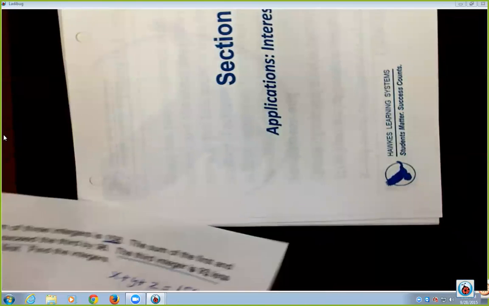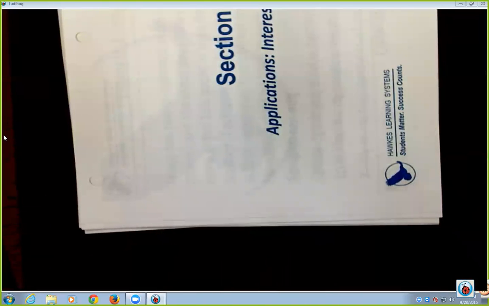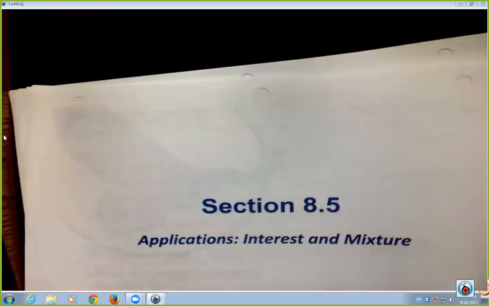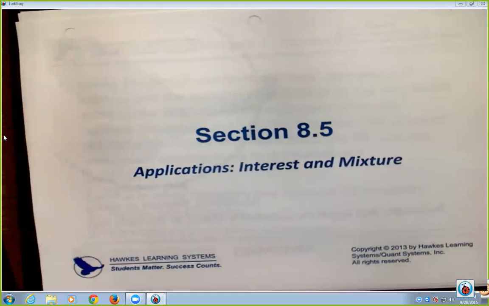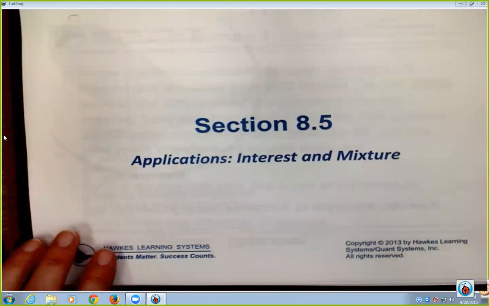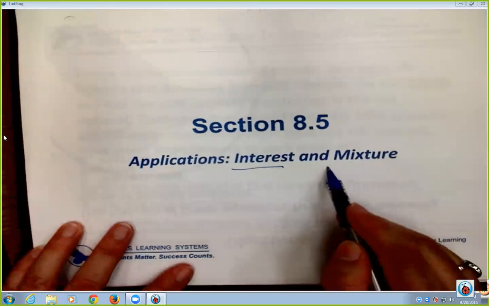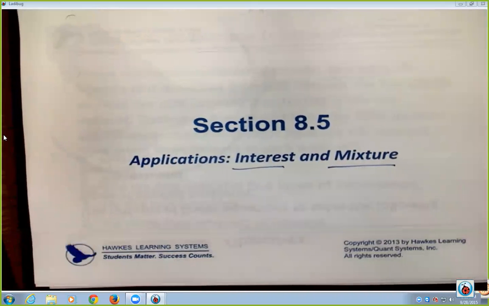And again, by switching it, we got to use our calculator, and so we're going to keep using our calculator when we do our stuff in 8.5, because 8.5 has story problems in it too. And that's the first part of your packet. And those story problems involve interest and mixture problems. And so with these, we're going to use some charted stuff.